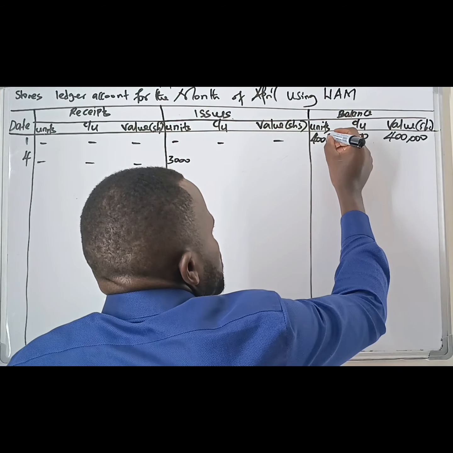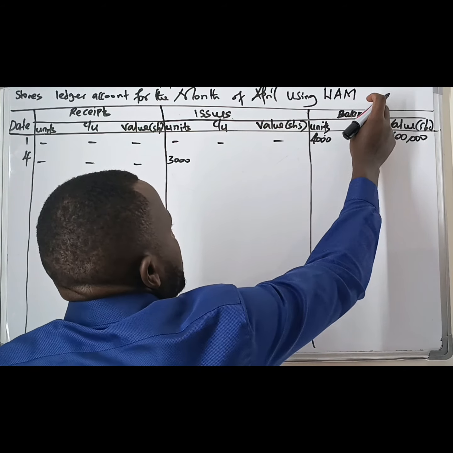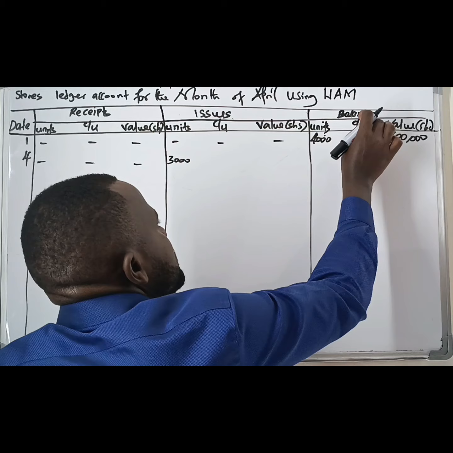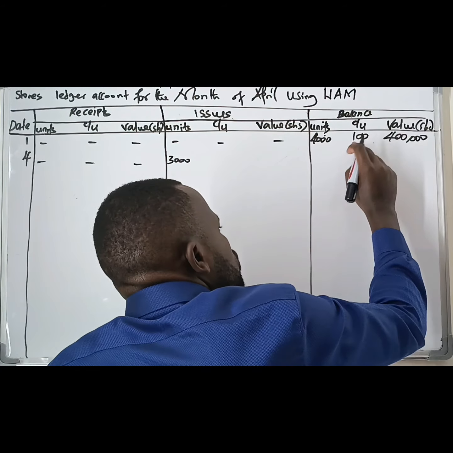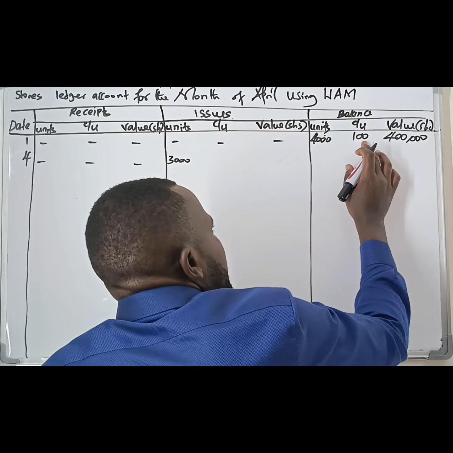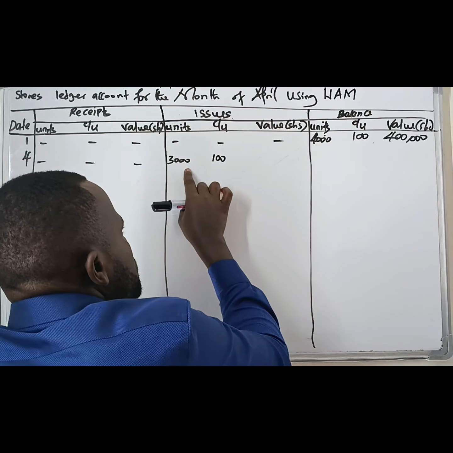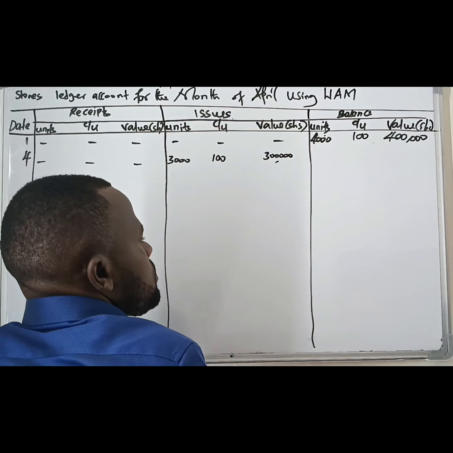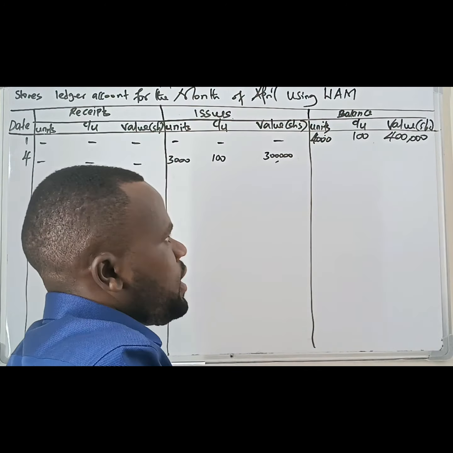Using the weighted average method, we normally issue at the previous balance cost per unit. The previous balance cost per unit under the balance column is 100. So you'll issue them at 100. So 3,000 times 100 becomes 300,000.